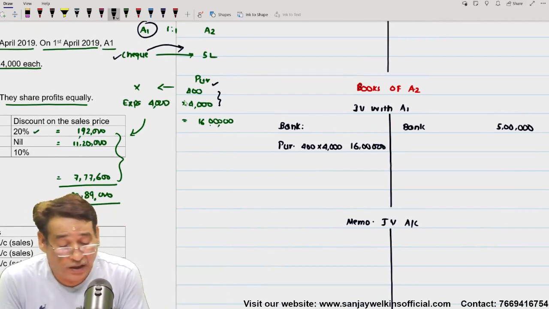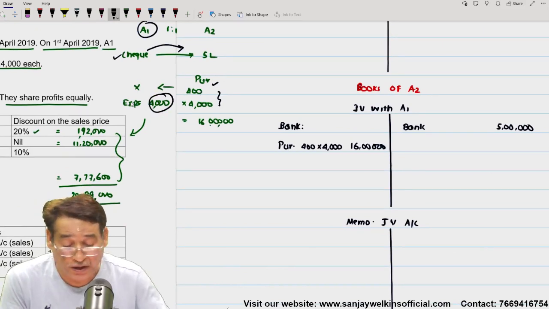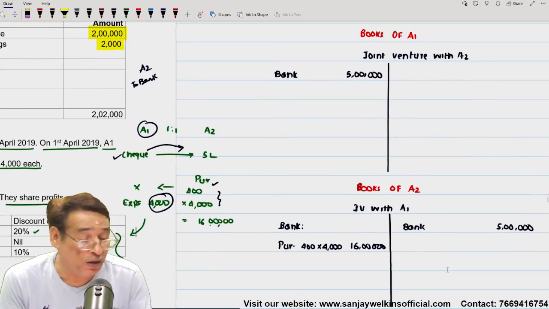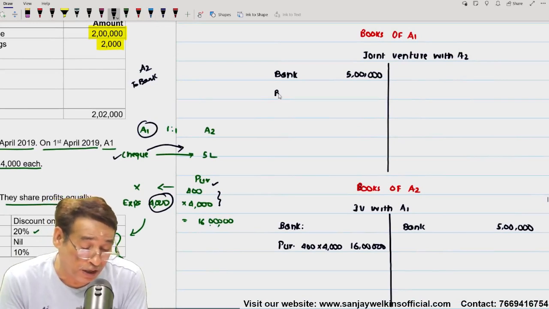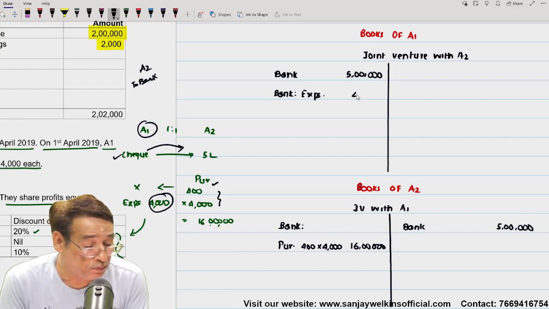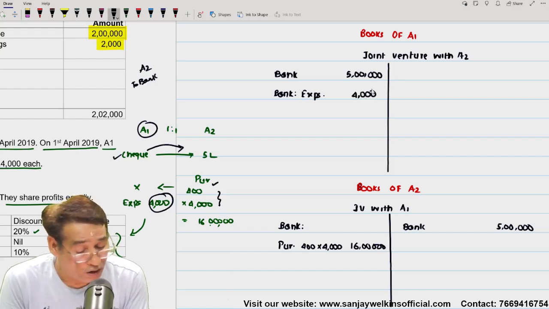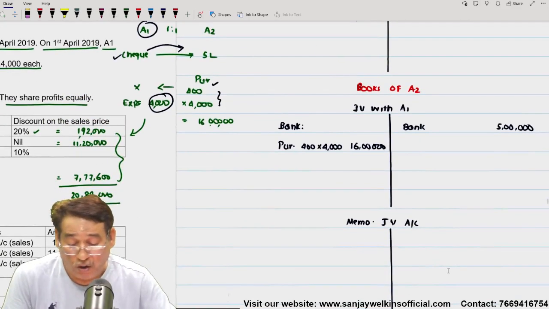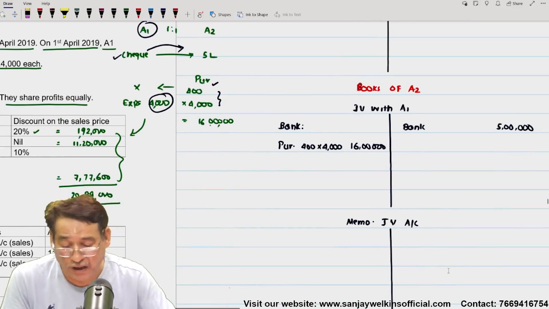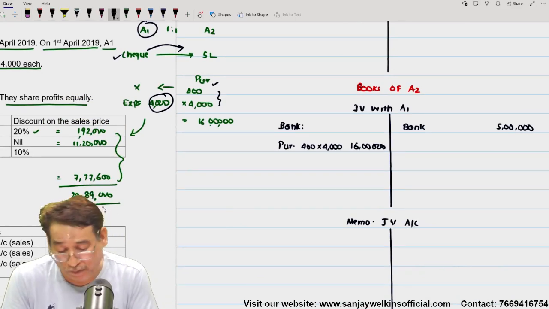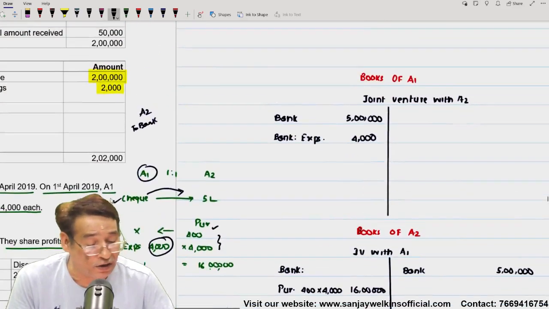Then we are given that these ACs were sent back to A1 and A1 spent 4,000 in collecting the same. So in the books of A1, I am going to write here to bank, expenses 4,000. Now, all these ACs are in the hands of A1 and A1 disposes them off for 20,89,000.